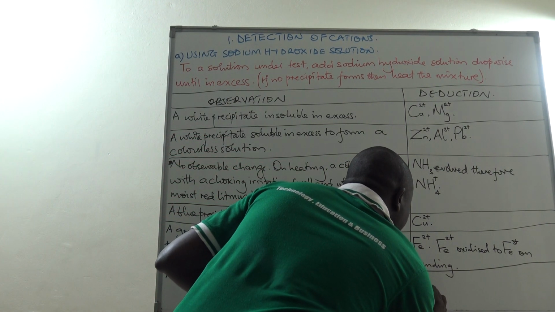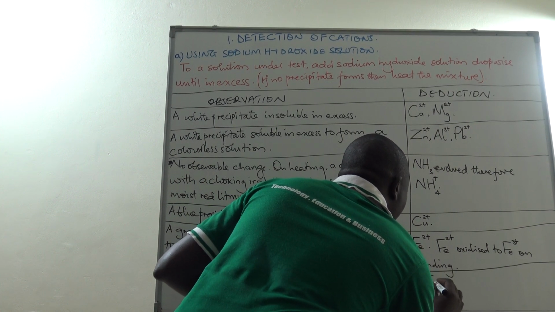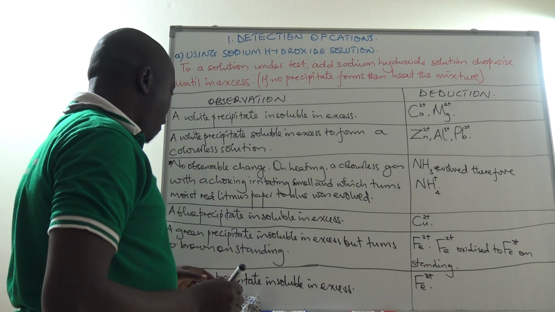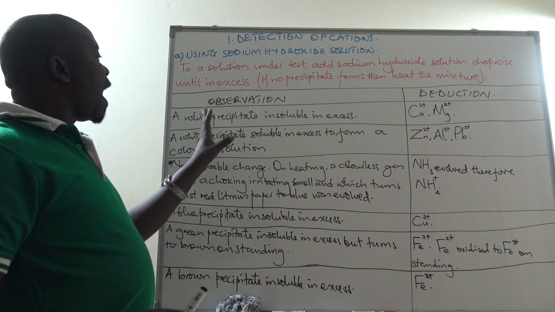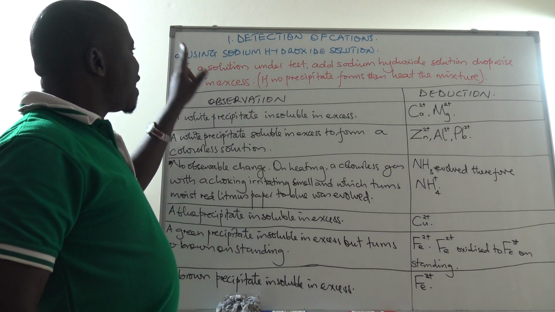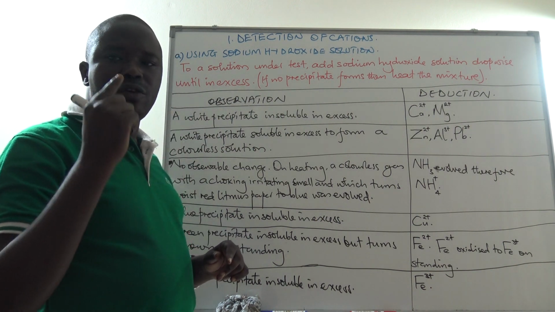So we strictly say iron 3 ion in this case, and that is the color of iron 3 ion, a brown precipitate. So these are the possible observations that we shall make. And sodium hydroxide solution is always the first reagent that we use.